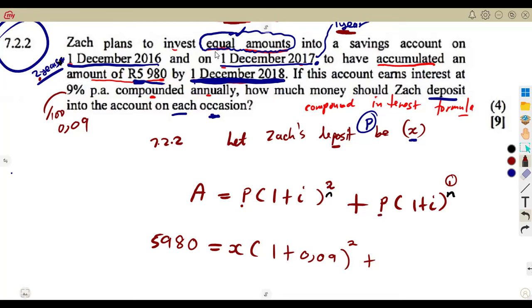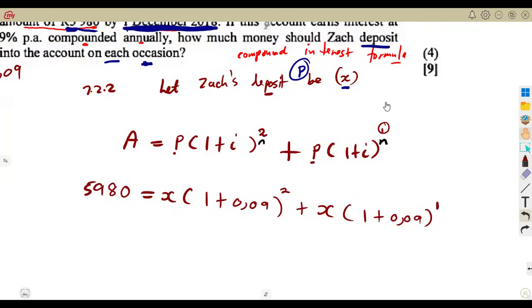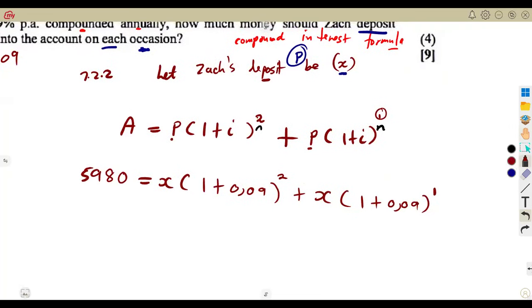He deposited equal amounts, so it is X again, 1 plus 0.09 to the exponent of N, which is 1. You have formed an equation from this statement.